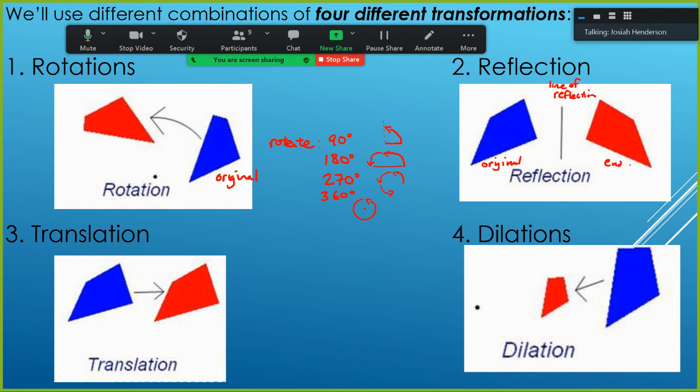So our ending image after doing a reflection. Notice that the 2 figures are a match, but they're not in the same orientation anymore. For example, the pointy edge right here, this vertex, matches up with this one on the right side.